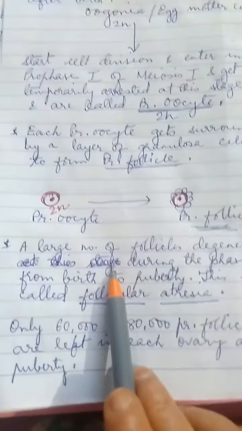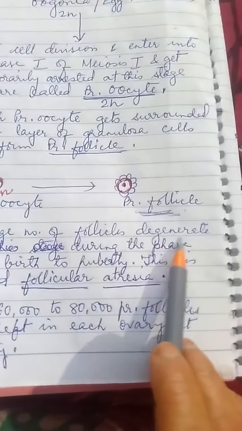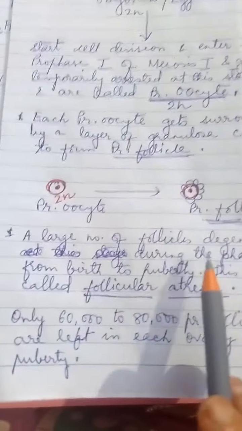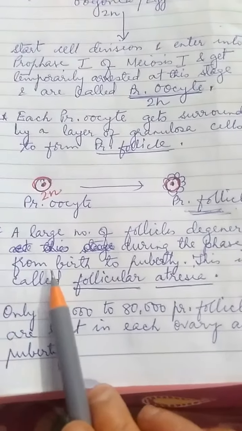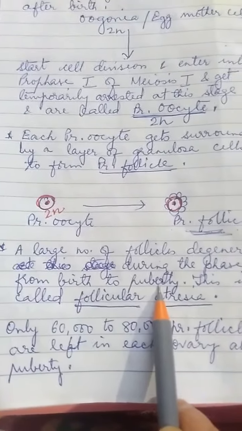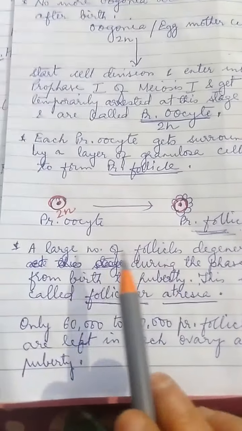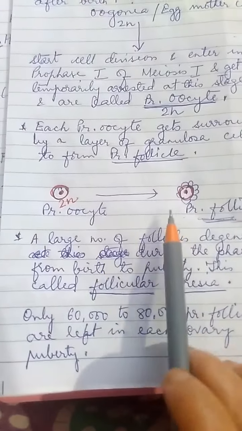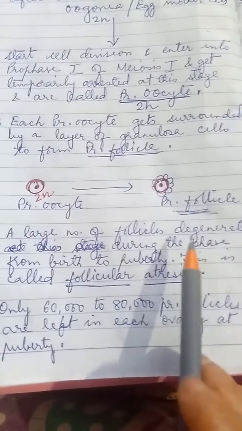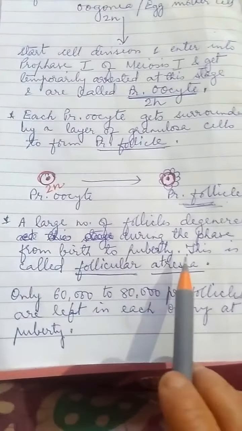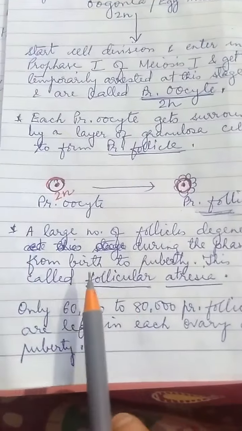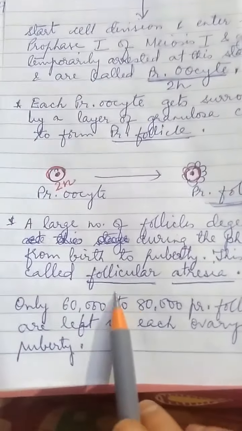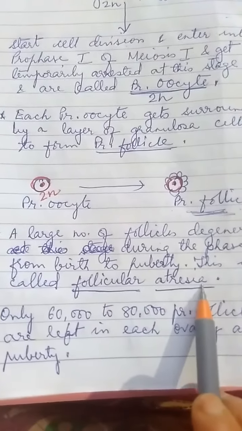A large number of primary follicles degenerate during the phase from birth to puberty. Got it? A very large number of primary follicles degenerate from birth to puberty, and this process of degeneration is called follicular atresia.